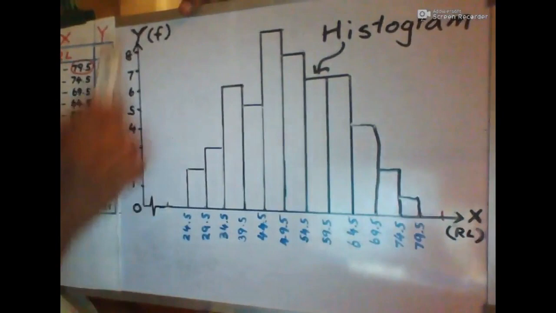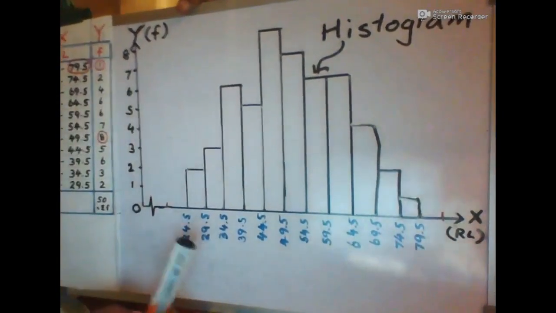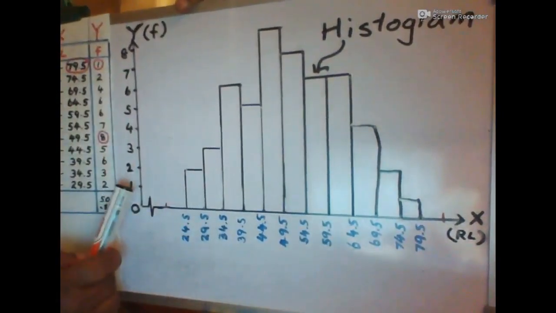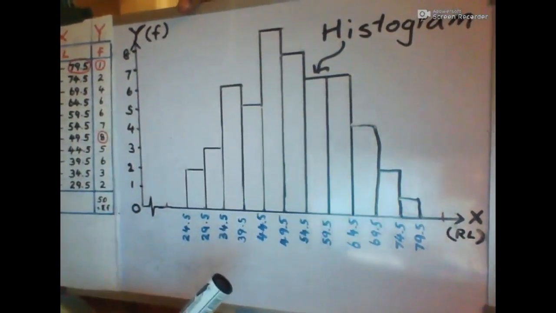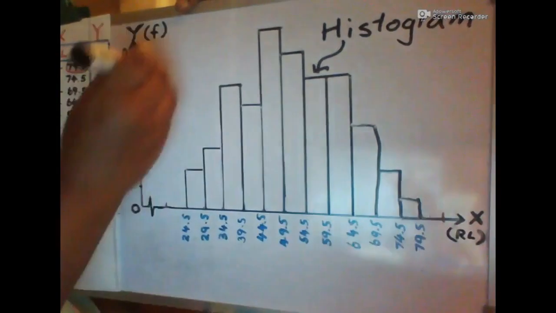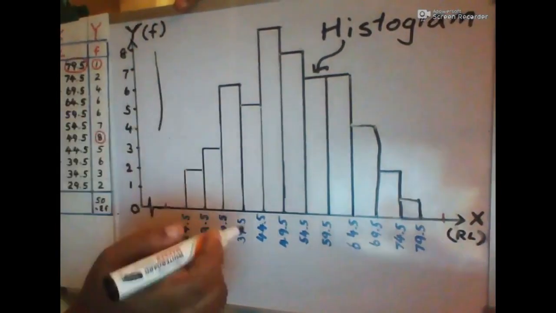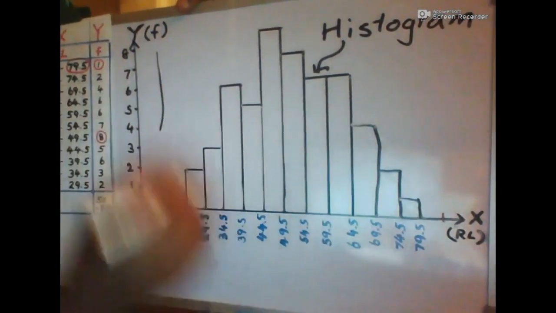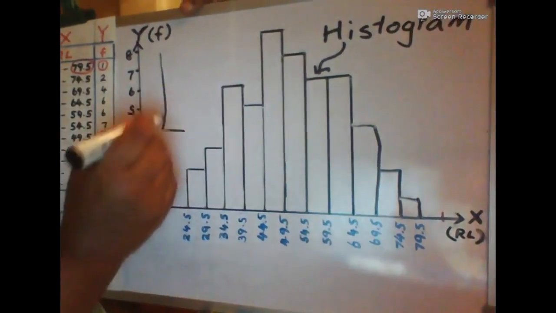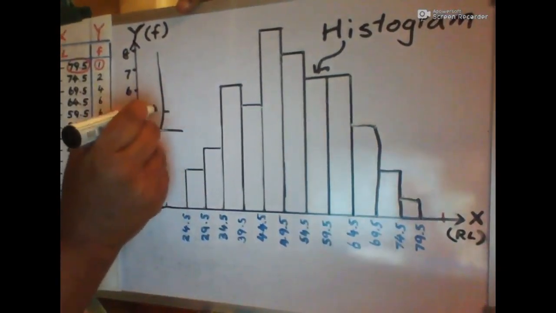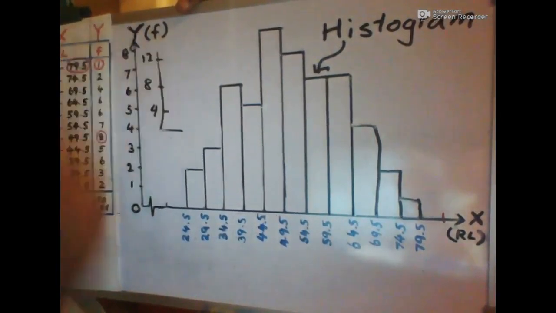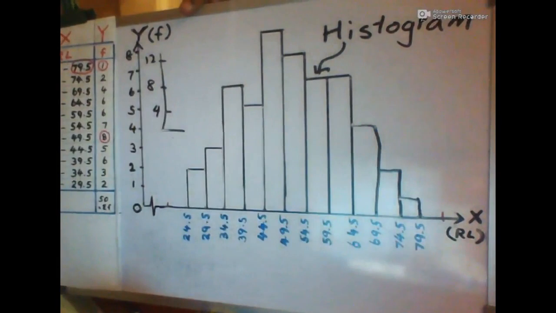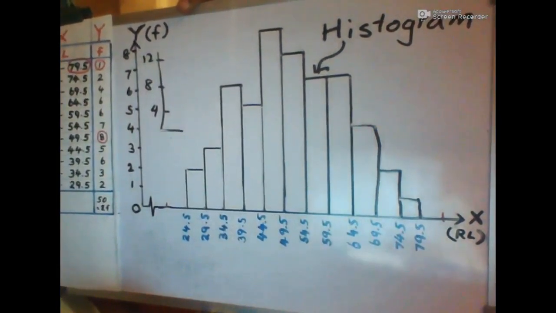When scaling the y-axis, it's better to have even numbers, say 4, 8, 12, or you can take 2, 4, 6, instead of 1, 2, 3.